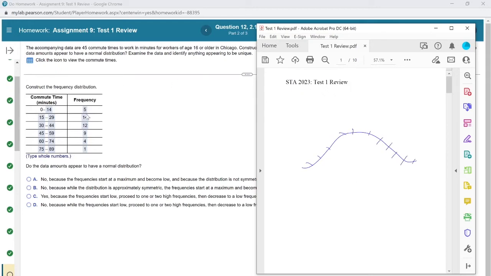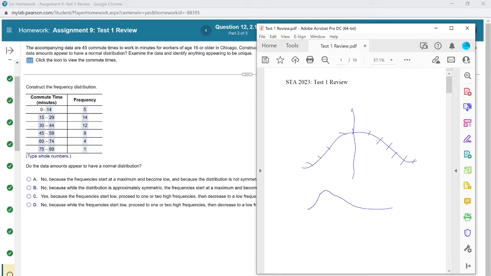So here you can see that it starts low, that's good, and then up, and then down. But it is not symmetric. The normal distribution should be symmetric on both sides. It's not symmetric, so the answer is no.